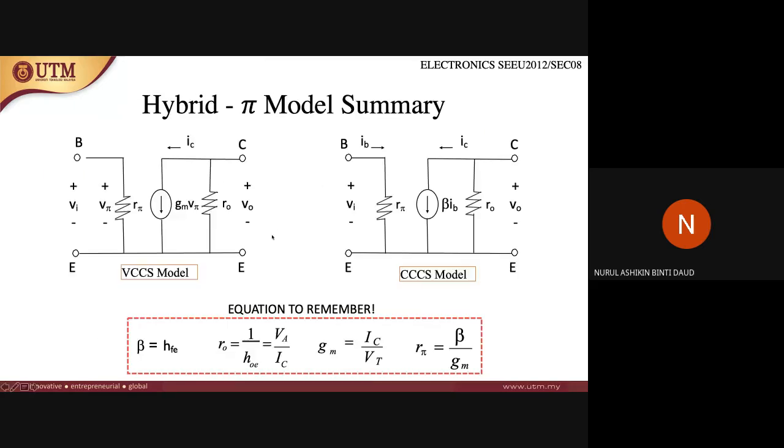Another thing that you need to know is to remember these equations. I'm not sure whether these equations are given to you during your test or not, because usually they will be given.